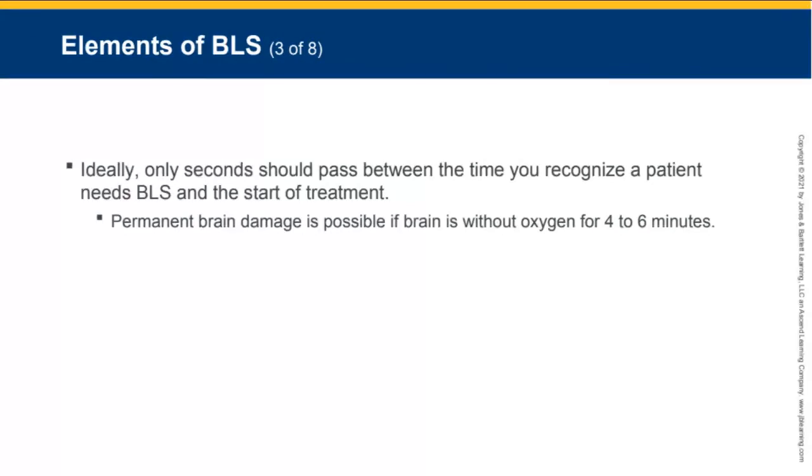Permanent brain damage is possible if the brain is without oxygen for 4 to 6 minutes. Which is why I keep saying to you, when you are conducting a primary assessment for a patient that's critical, you'll have 4 to 6 minutes to do that. You go outside of the 4 to 6 minute window, you will not be allowed to pass the skill station.